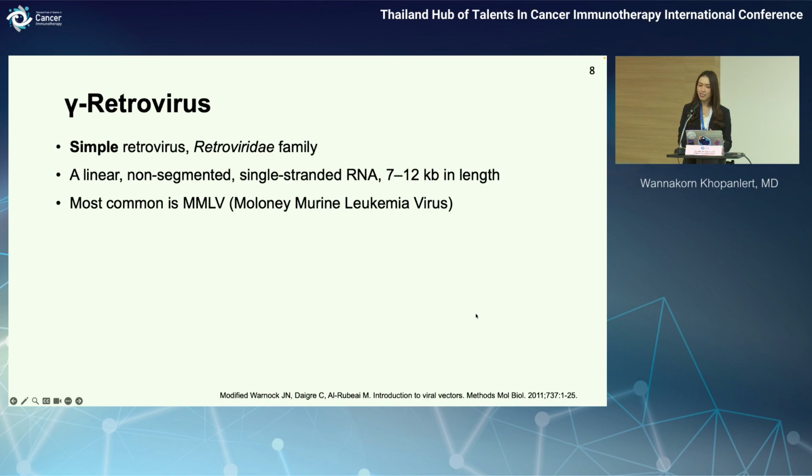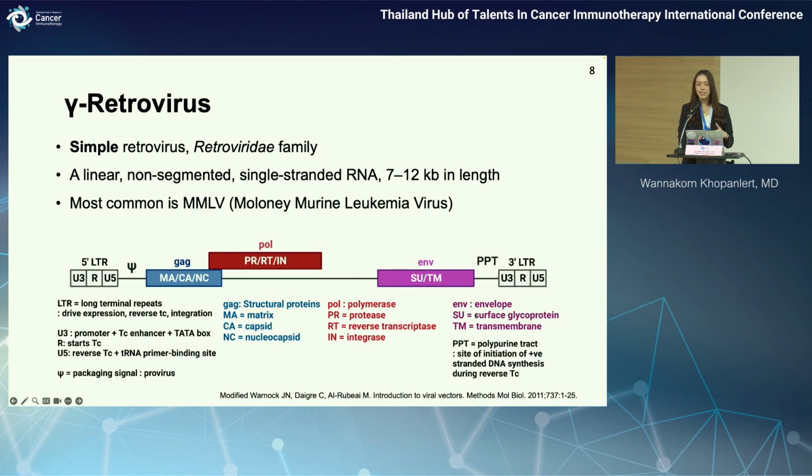Gamma retrovirus is a simple virus in the Retroviridae family. The most common is the MMLV, or the Moloney murine leukemia virus. This is the structure of the virus that I mentioned. It's very complicated here, but I will try to explain in an easy way.